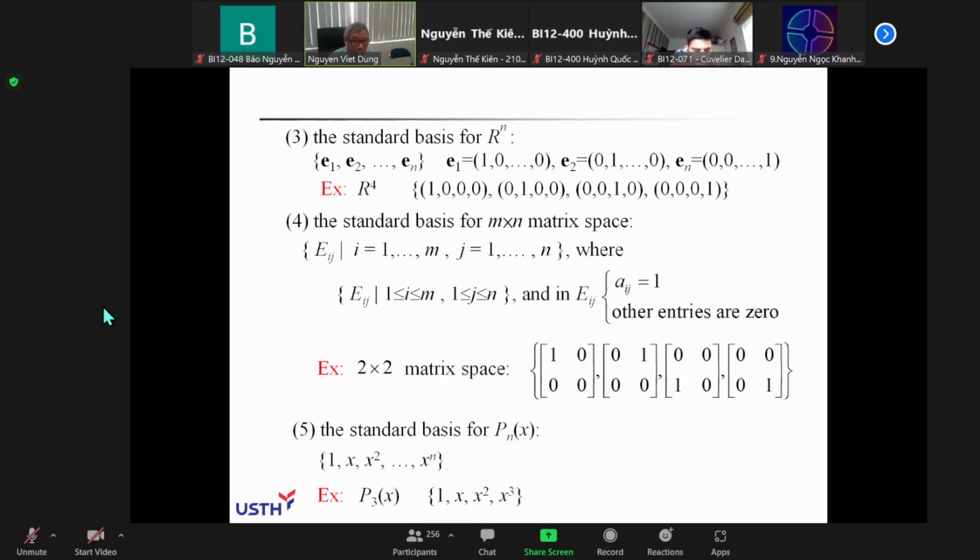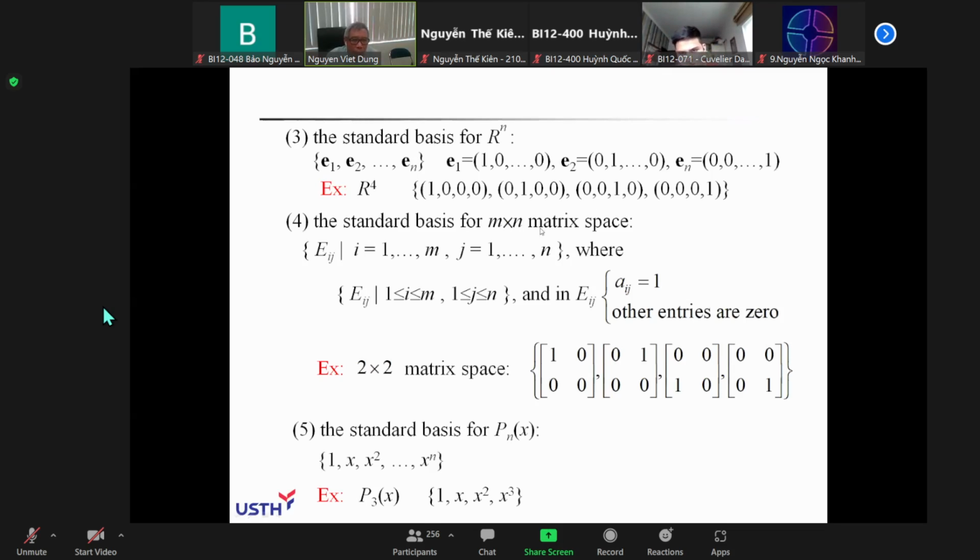We generalize it to get the standard basis for n-space. It consists of E1, E2, En, with E1 like that, E2 like that, and En like that. For example, if you consider R4, you get the basis consisting of four vectors.